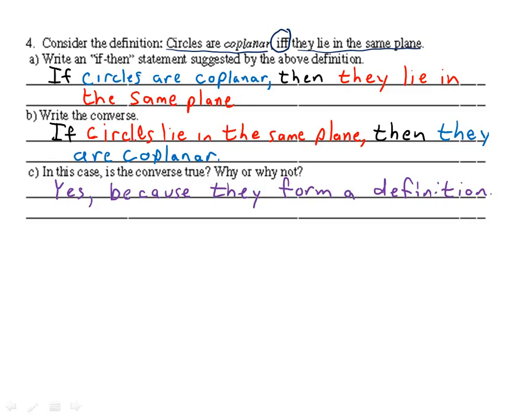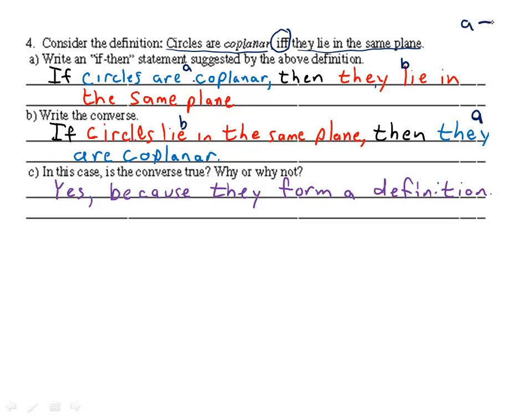Alright, now write the converse. So if circles lie in the same plane, then they are coplanar. So we've had these two switch places. This is sort of if A, then B. And then we go on to if B, then A. That's converse, right?